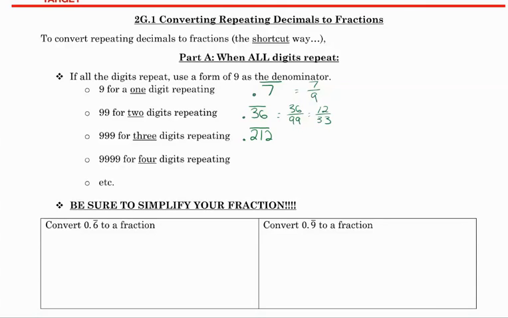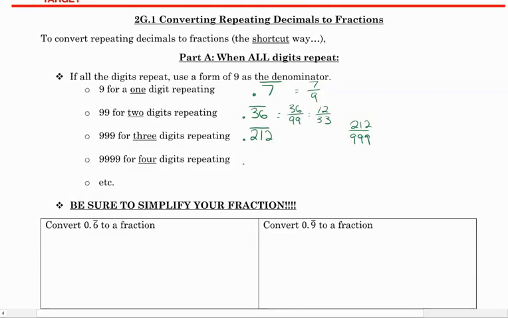That would be over 3 nines. So I'll write that over here, 212 over 999. Okay, and then that should be divisible. 212, is that divisible by 3? 2 plus 1 is 3 plus 2 is 5. It's not. Okay, so we could leave that as 212 over 999.